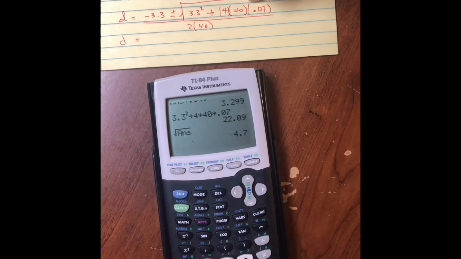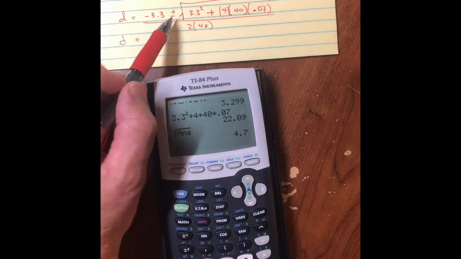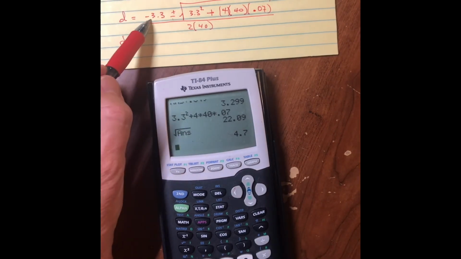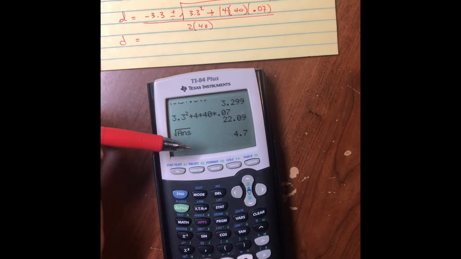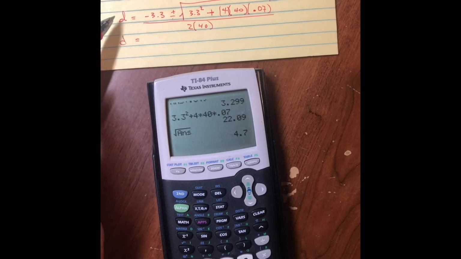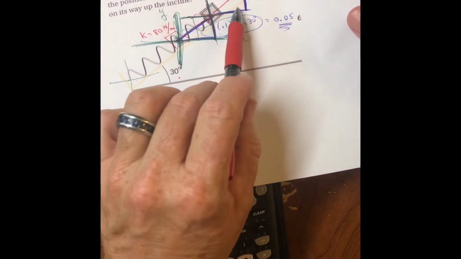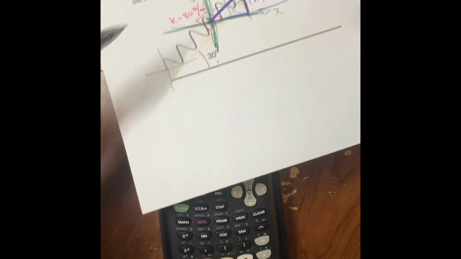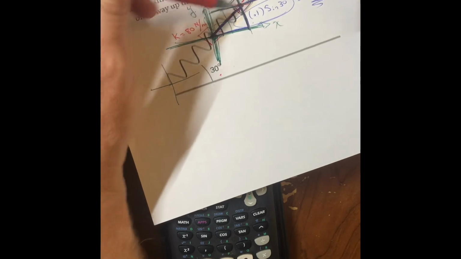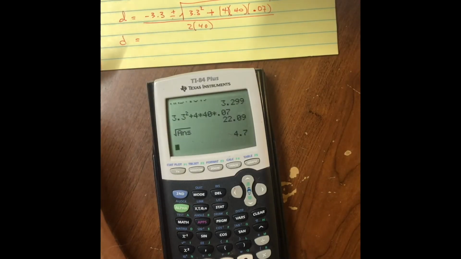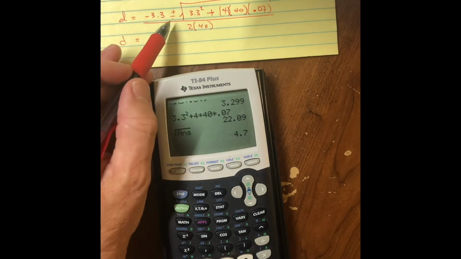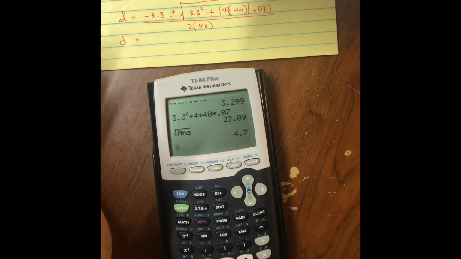Now notice then, if I take the negative together with that negative, this would all be negative, and I'd get a negative distance for d. It's not the one I want. The one I want is going to be the positive then, the one that goes up the hill. That negative one would be saying, what if it had that speed being pushed down? How far would it go before it came to a stop? So there's a meaning for this negative one, but it's not the one I want.